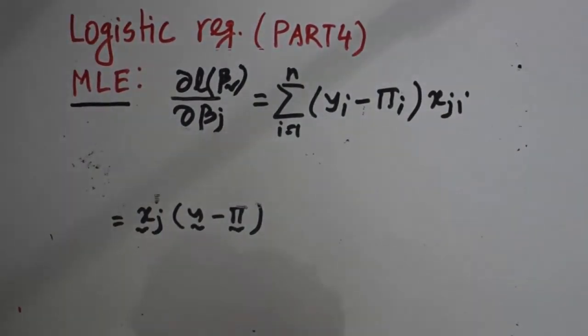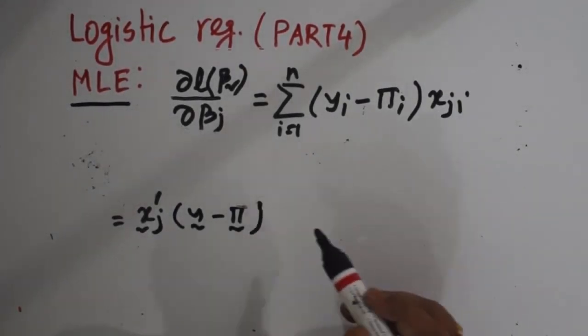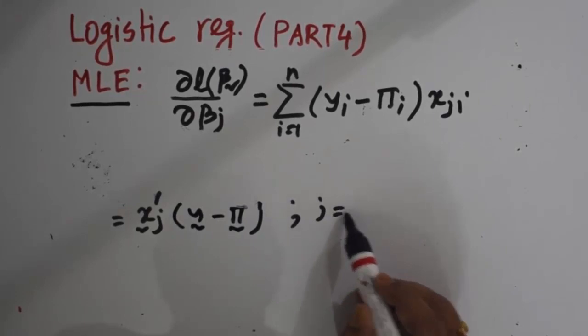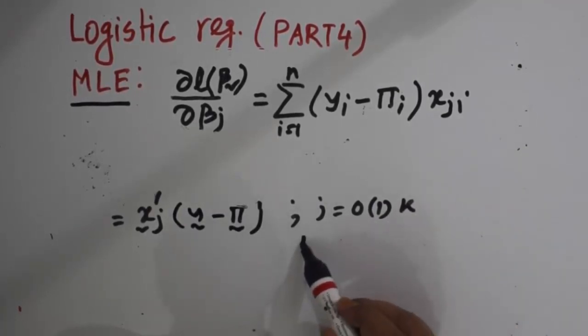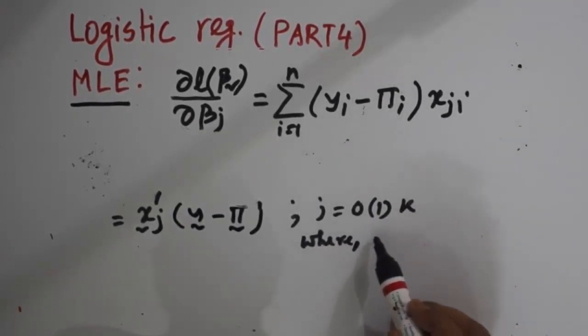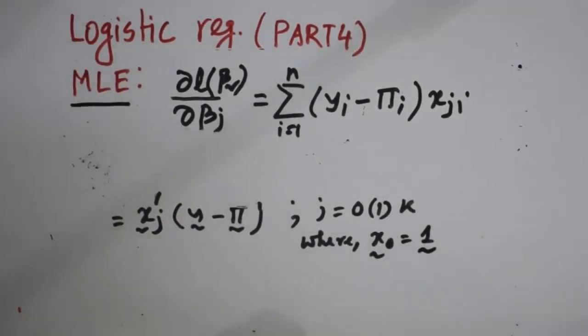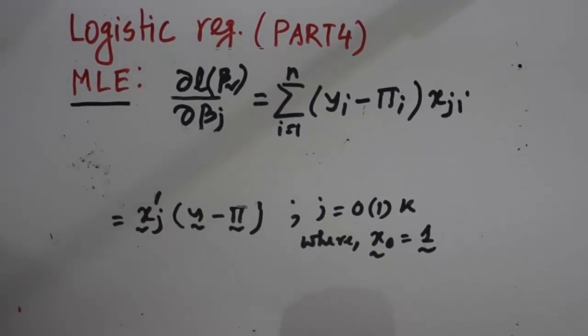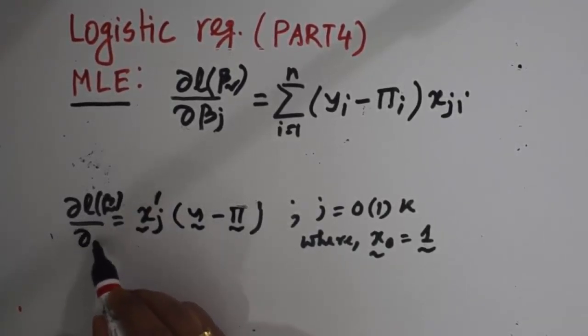And this is true for j from 0 to k, where x naught curl equals 1 curl, that is a vector whose all elements are 1.